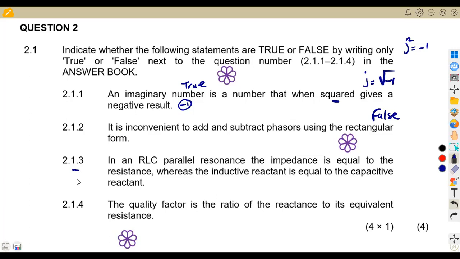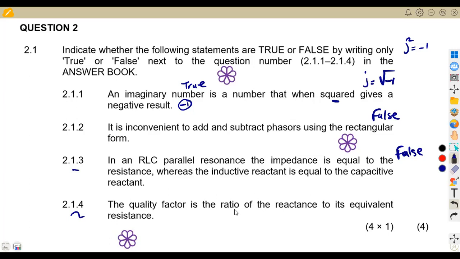For series resonance, that is where we have that type of consideration. But in this case, that's a no, because that one is called dynamic resistance, or dynamic impedance, that's the one you're working with. So this one is false.